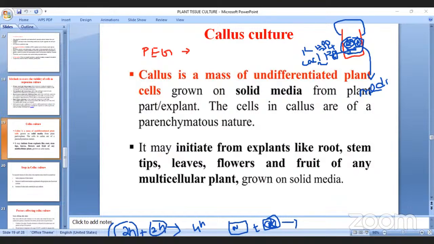Eukaryotic transcription is completed, translation is completed. Now, regulation of gene expression in eukaryotes.